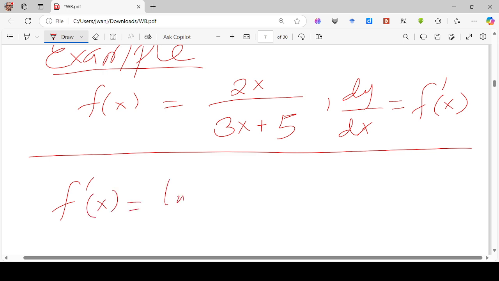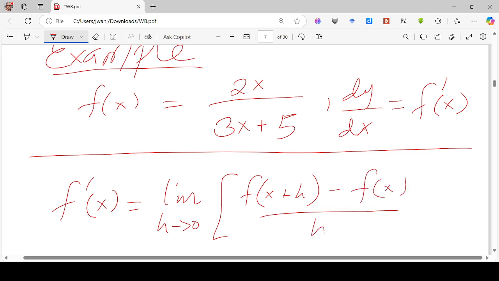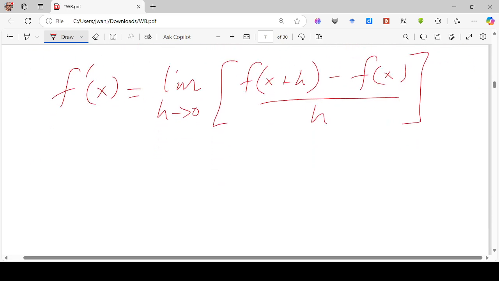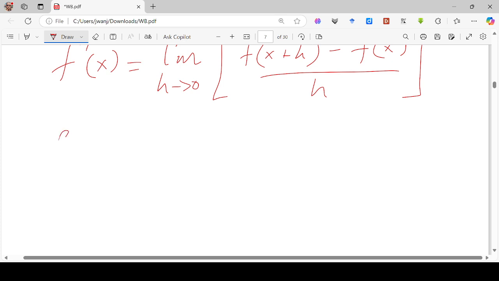This is the limit as h approaches 0, f of x plus h minus f of x divided by h. This is the definition of the derivative. So in our case here, f of x is equal to 2x divided by 3x plus 5.